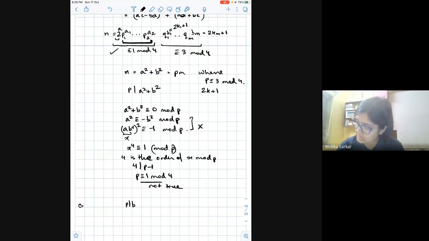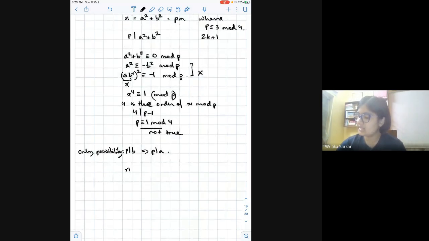I'm going to write: the only possibility is that p divides b, which implies p divides a, right? So you write n is equal to p c squared plus p d squared, and then you divide by p squared, and it is equal to c squared plus d squared.